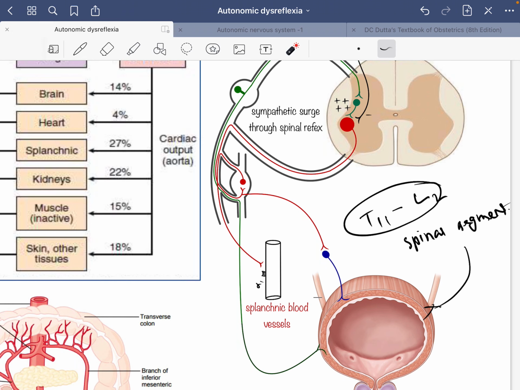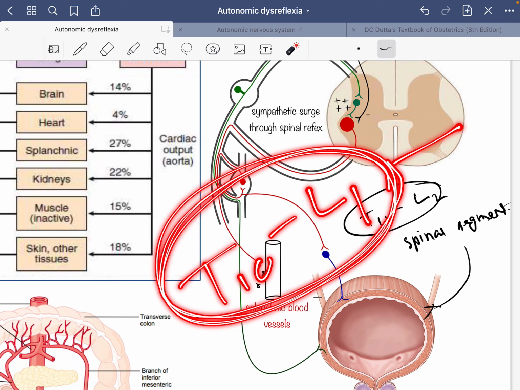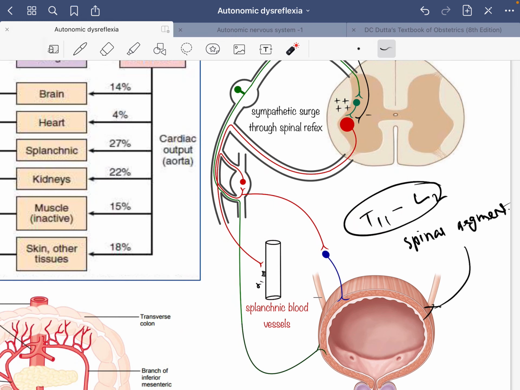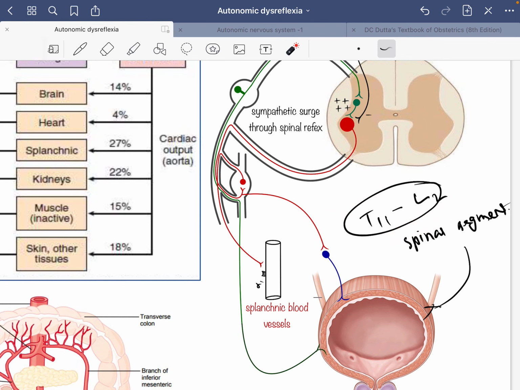Okay, moreover, we know that T10 to L1 spinal segments form the aorticorenal ganglions. That's why whenever your urinary bladder is distended, T11 to L2 segments also stimulate the aorticorenal sympathetic ganglion.